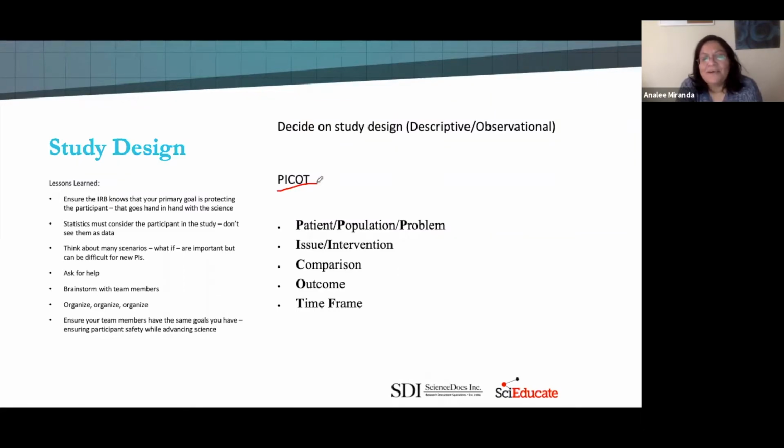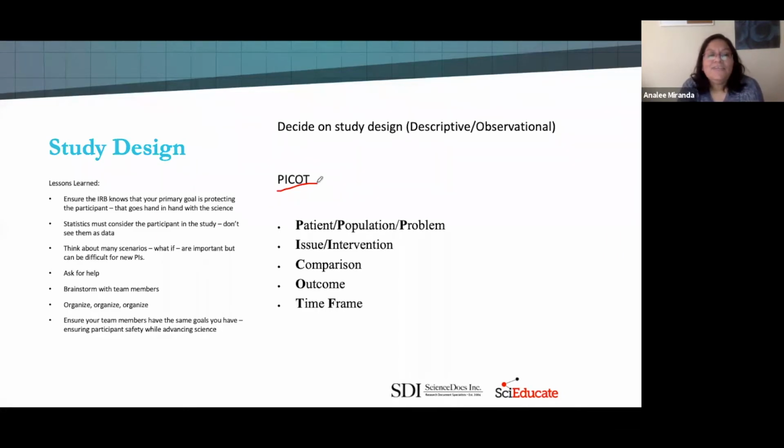The P means patient, population, or problem. The I is issue, intervention. The C is comparison. The O is outcome, and the T is time frame. So again, there goes that timeline issue again.